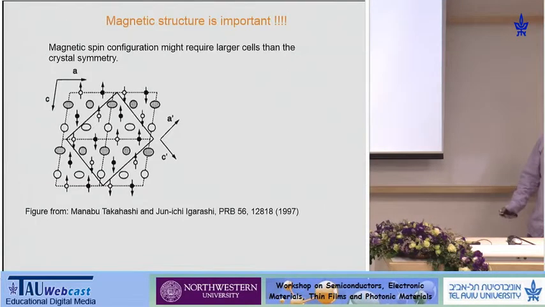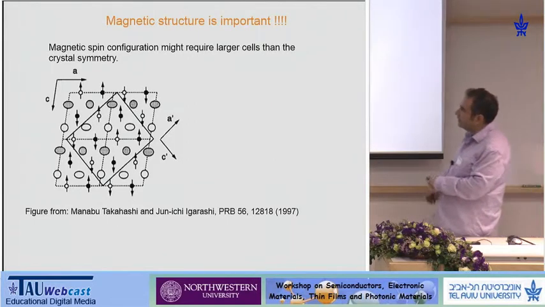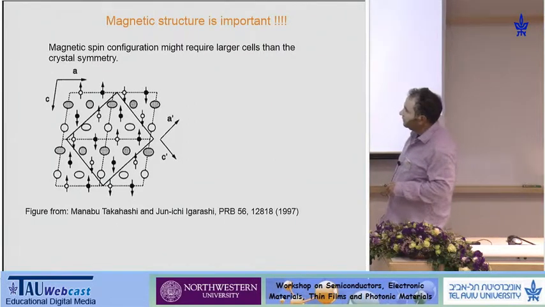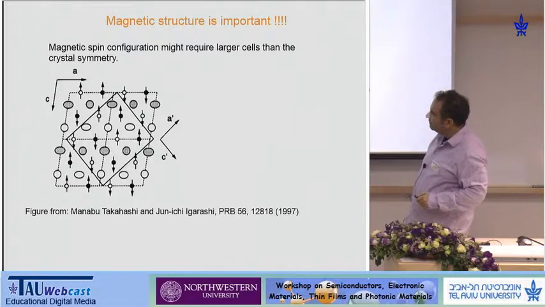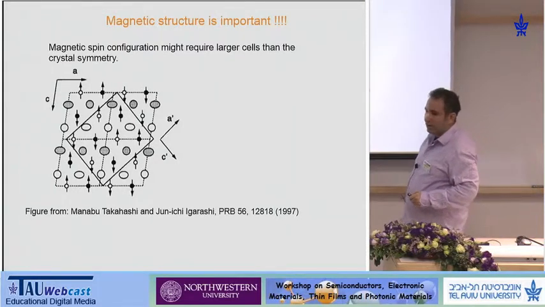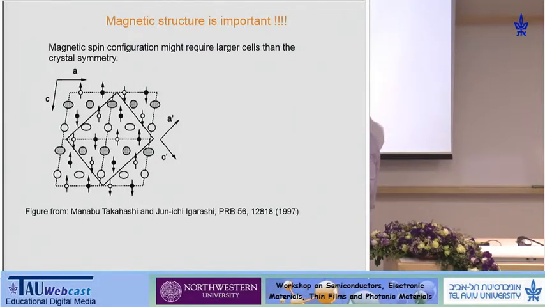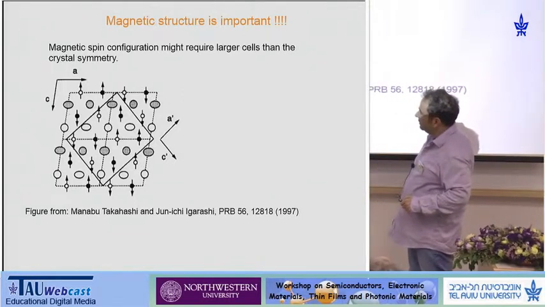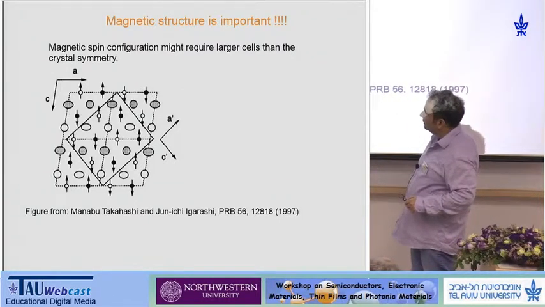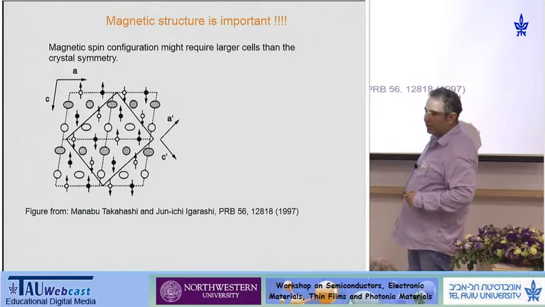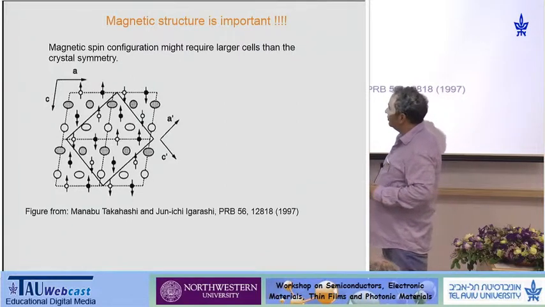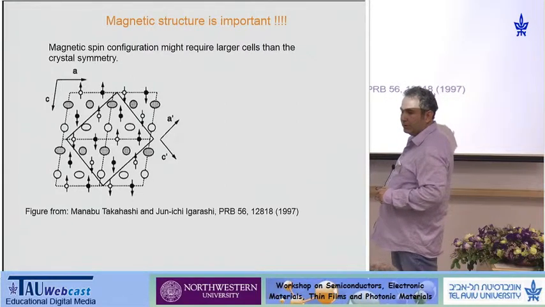And something that is important in those materials is that we have spin arrangement that can be, since it's an anti-ferromagnetic material, the spin configuration can be at a larger crystal cell than the original cell.